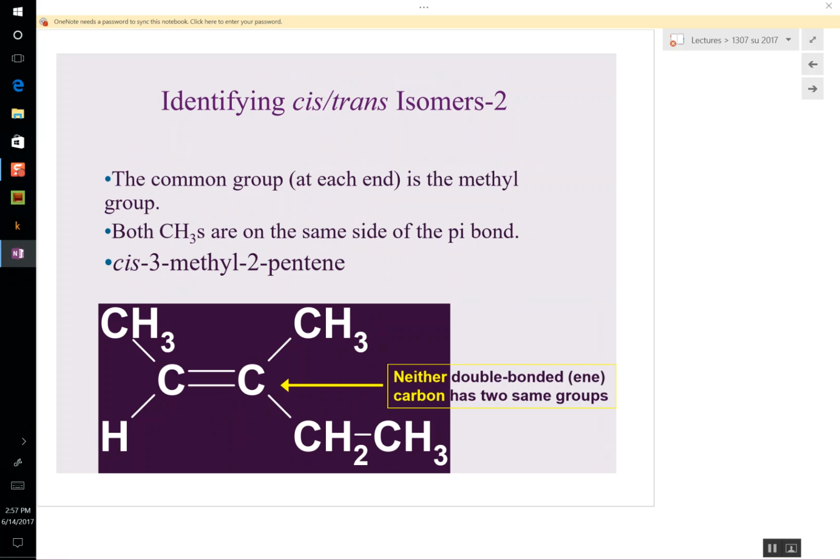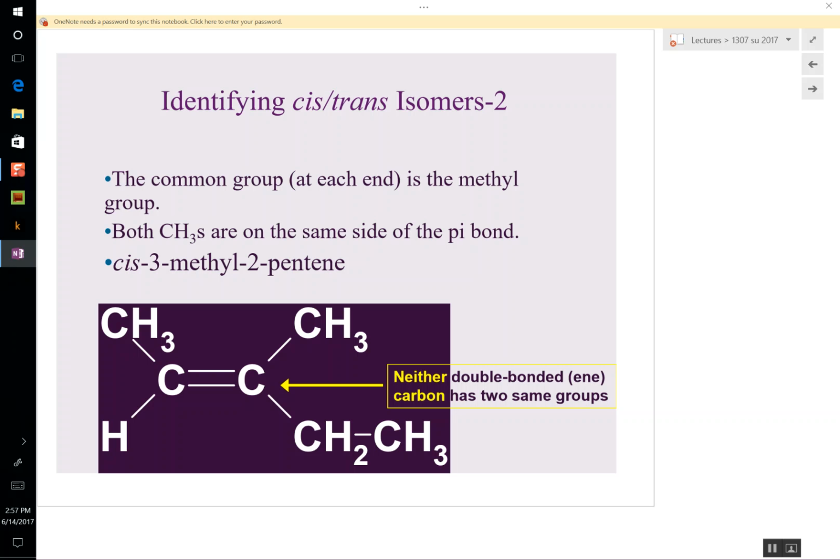And so, how are we going to name it? Well, longest chain, 1, 2, 3, 4, 5. So it's pentene. Where does the double bond start? On the second carbon. There is a methyl group on the third carbon. 1, 2, 3. You see, this is not a methyl group. I mean, it is a methyl group, but once we name it, it's part of that name right there.